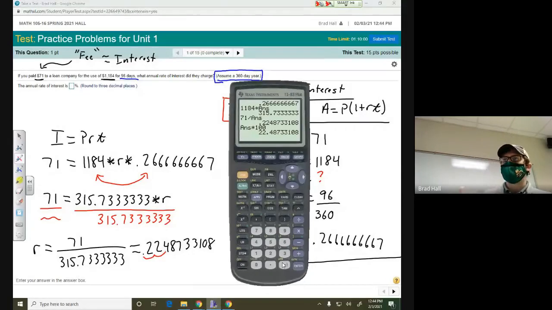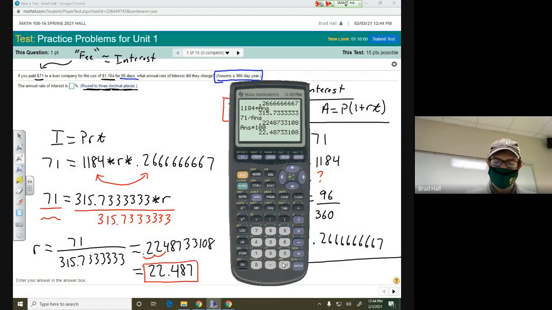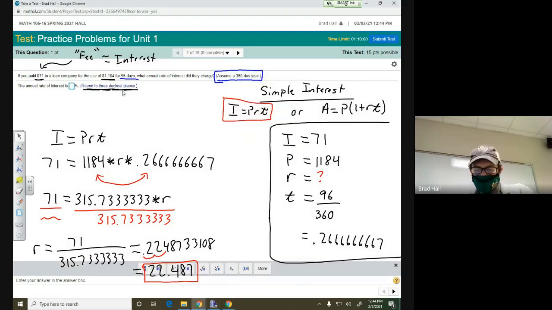So to go from the decimal form to the percentage form. So the final answer is 22. They say round to 3 decimal places, so 22.487. That will be the final answer.